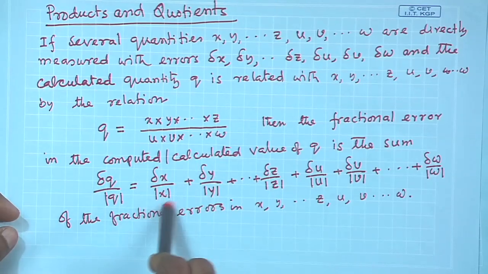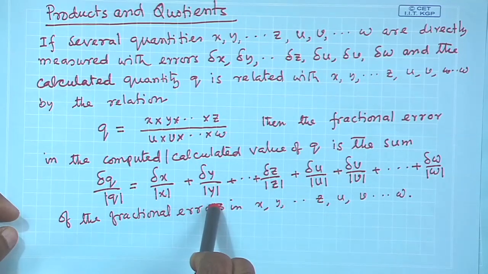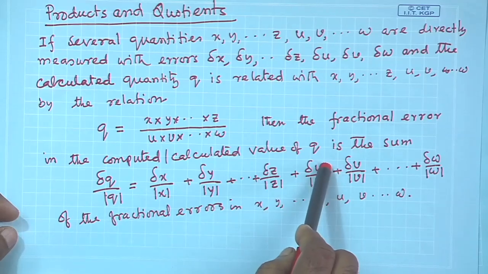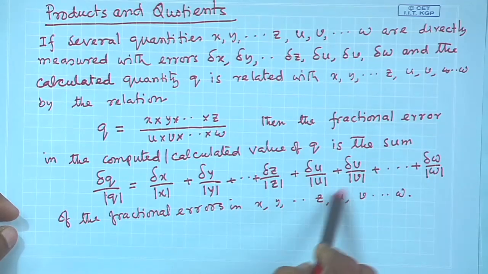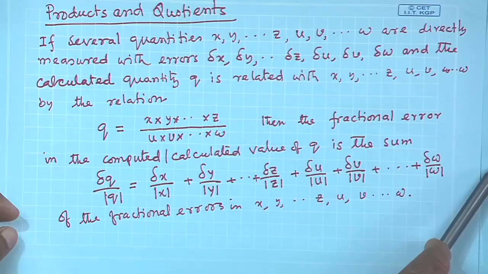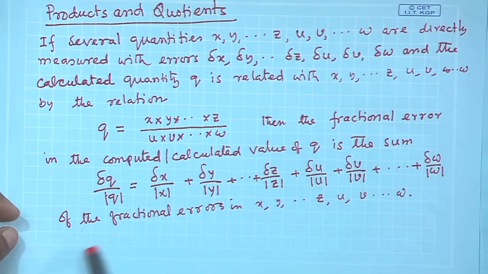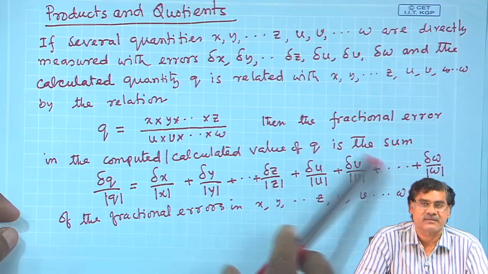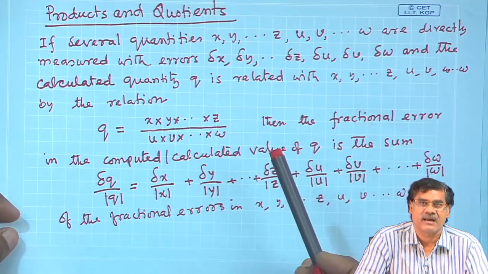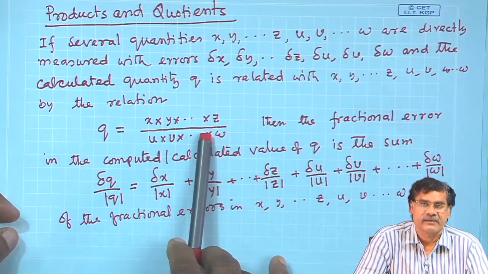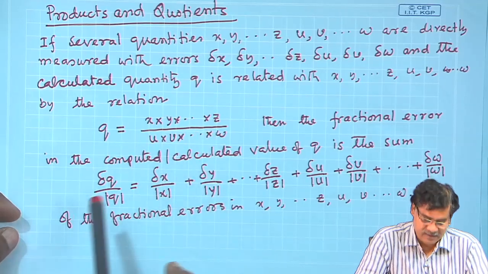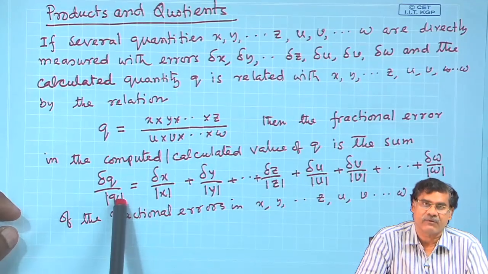So, del x by x plus del y by y plus del z by z plus del u by u plus del v by v etcetera. Okay. So, as I told, these fractional errors or relative errors of the measured quantities are added, which will give the relative error of the calculated quantity.